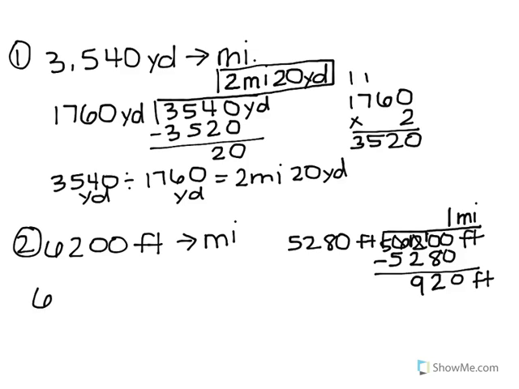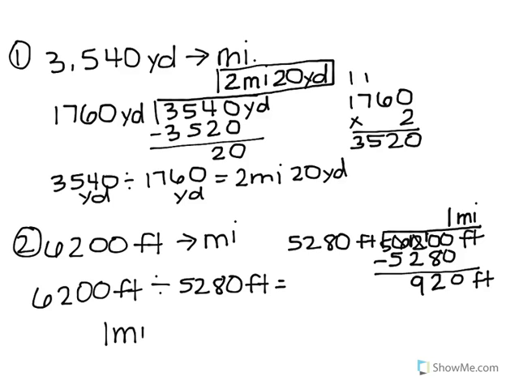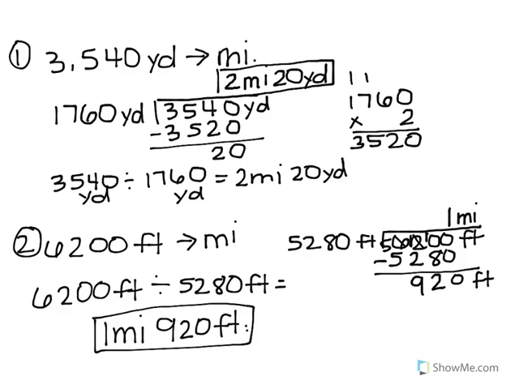So 6,200 feet divided by, there's a couple extra dots there, patience as I learn how to write on this. Divide that by the unit that we're converting. Equals 1 mile and 920 feet.